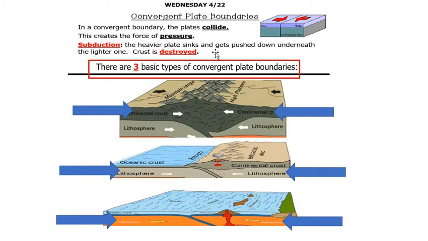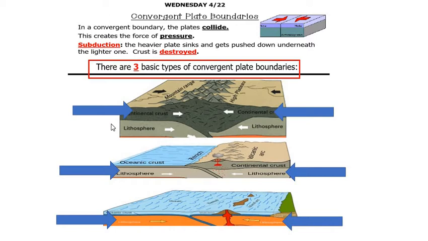Now, when we look at convergent plate boundaries, we call it convergent because two plates are coming together. But there's two different types of plates that we talked about: oceanic, ones that have water on them, and continental, ones that have land on them. So the combinations of those allow us to have three different types of convergent plate boundaries.